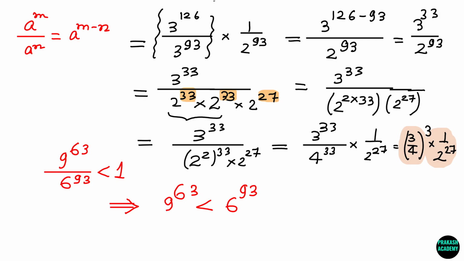You can also say the same thing: because this ratio is less than 1, the denominator has to be larger. Then only this ratio will come out less than 1. The denominator is 6 raised to the power 93, so this is the greater number in this case. So we decided using the ratio which number is greater.